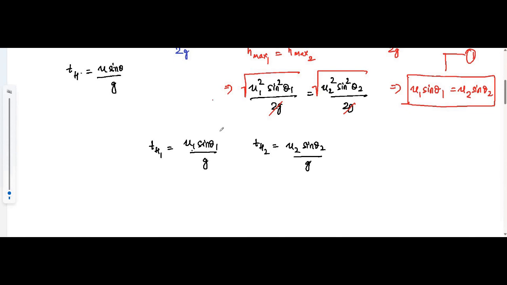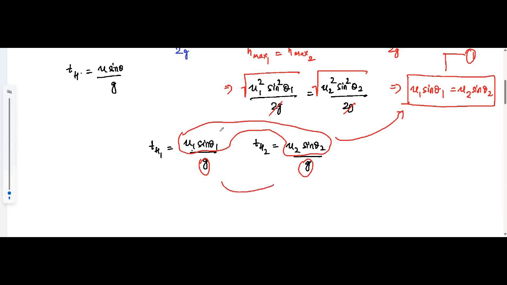Here these two are equal, as we have proved, and g, acceleration due to gravity, is constant. So automatically the time of maximum height for both the projectiles is equal.